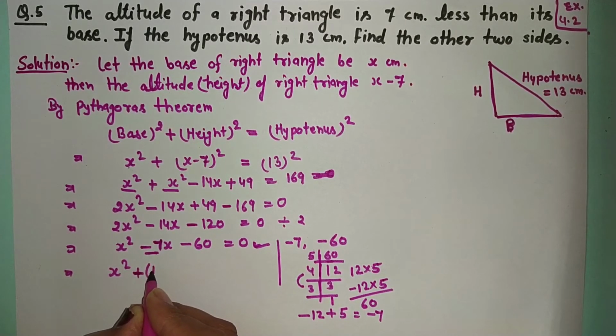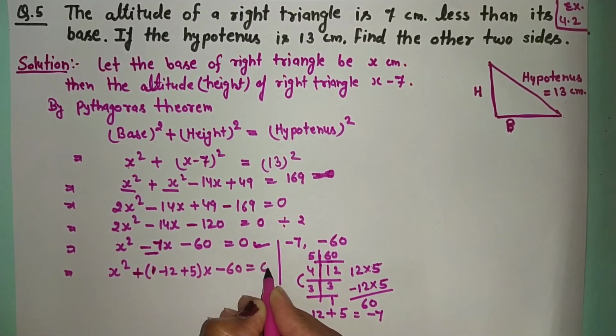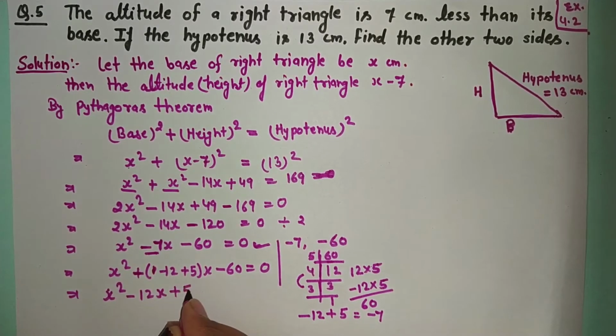We can write it as x square minus 12x plus 5x minus 60 is equal to 0, because minus 12 multiply 5 becomes minus 60, and minus 12 plus 5 becomes minus 7.